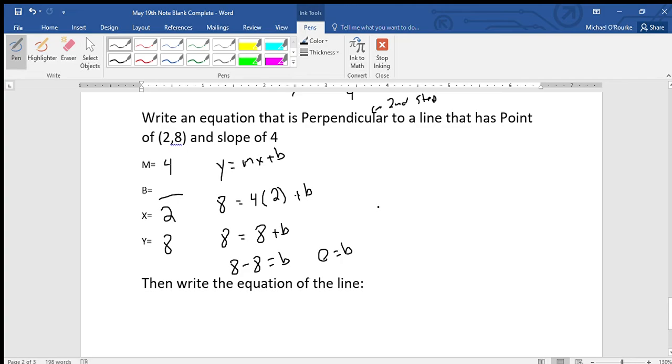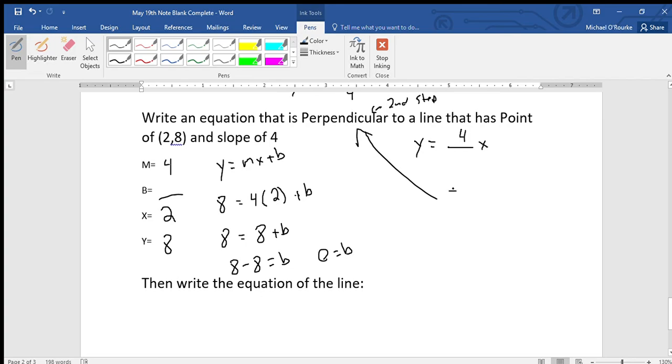All right, so 0 equals b. That's fine. Let's plug in my info. Blank x plus blank. Our slope is, go back here, it's 4. And our b is 0. But since b is 0, we can just get rid of that. So y equals 4x.